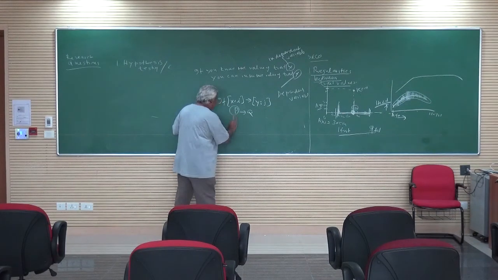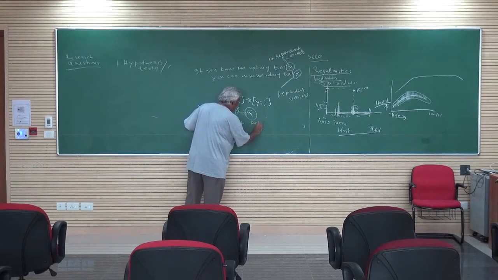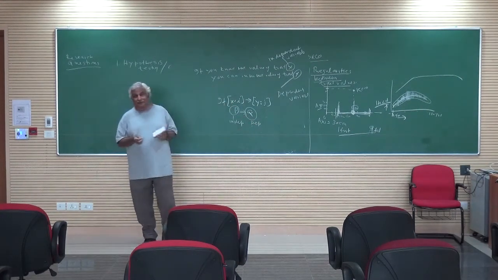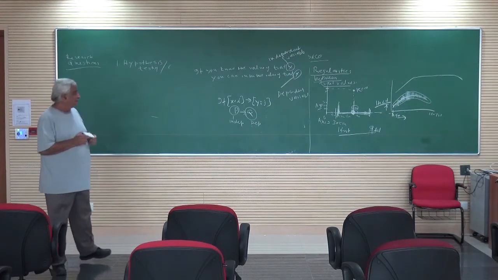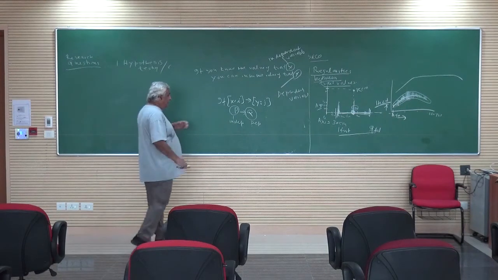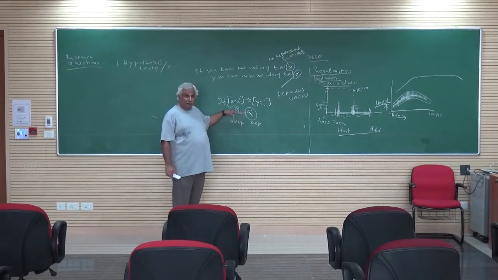And this is the independent variable, and this is the dependent variable. I'm trying to connect propositional calculus and statistics. This applies to both qualitative and quantitative aspects of research.